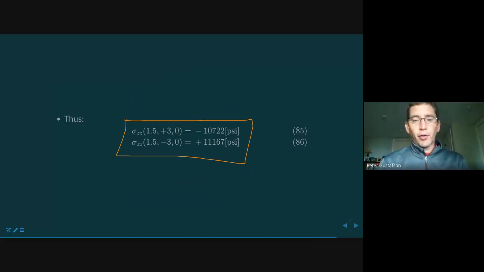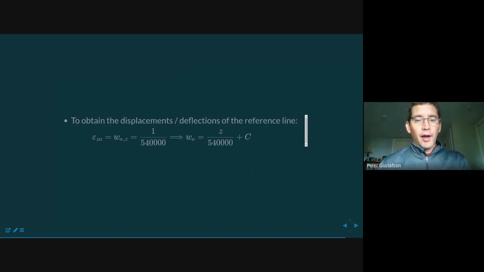I guess I should throw up the last slide. For the last couple of slides for this example, we can, of course, compute displacements or deflections, depending on whether you're talking about the reference line deflection or the overall displacement. To get that, we just recognize that the strain in the z direction is the first derivative of displacement.